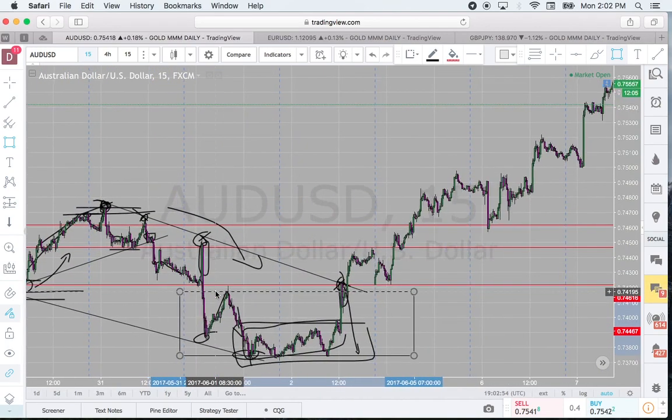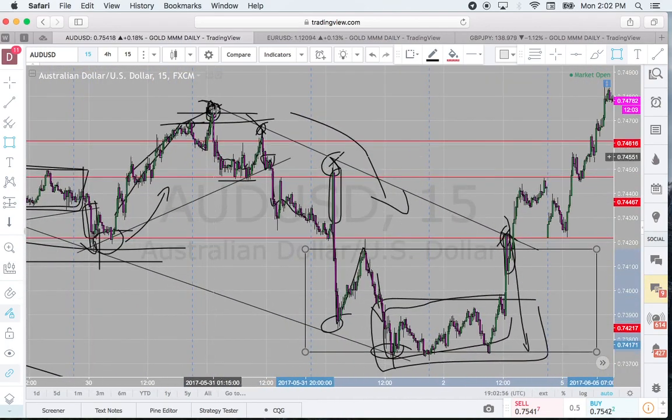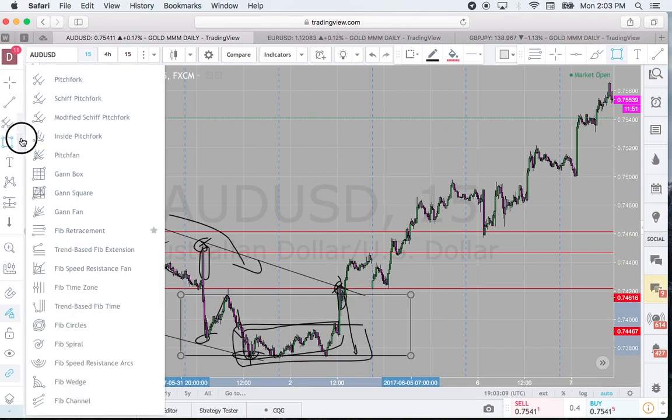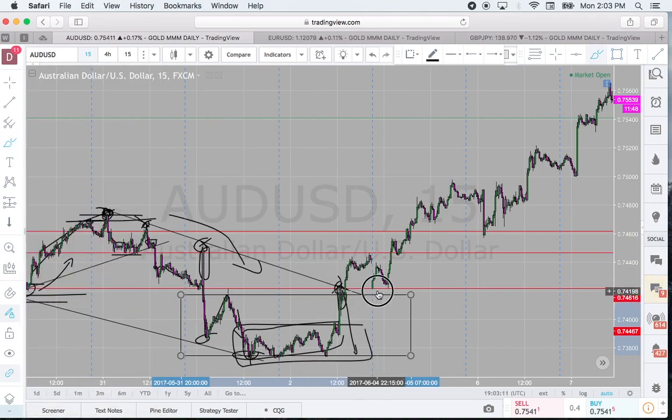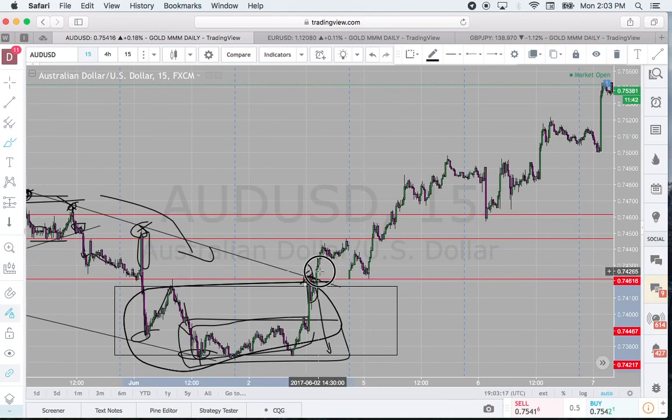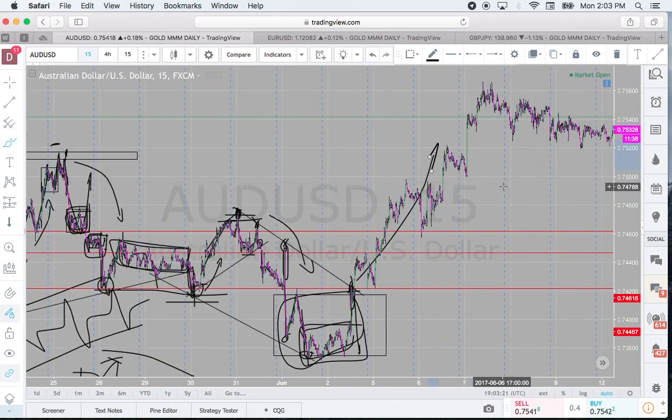The dealer made it look like the trend was going down, and then trapped as many retail traders as he could in sell positions in this area, as much liquidity as he could, and then shifted the market completely against retail sellers.